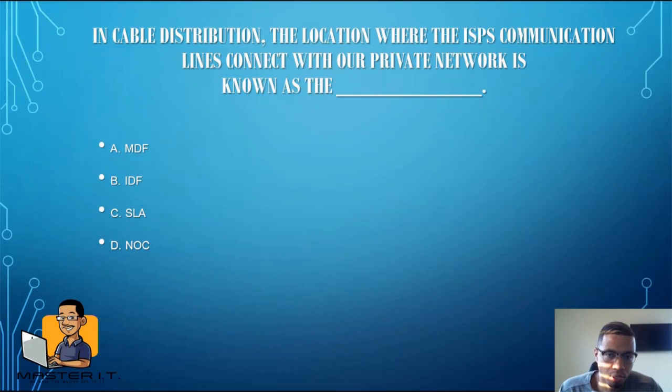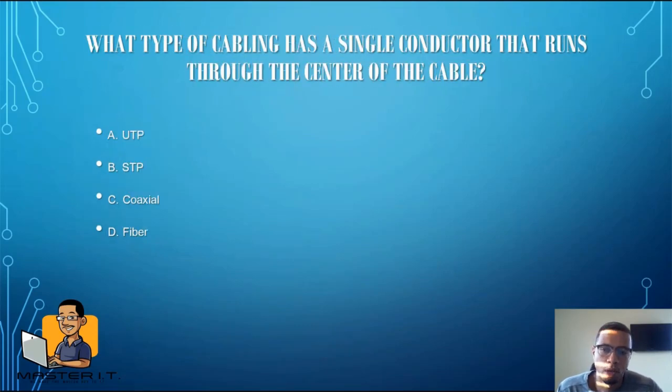And cable distribution, the location where the ISP, Internet Service Provider, communication lines connect with our private network is known as the what? Easy. MDF, main distribution frame. What type of cabling has a single conductor that runs through the center of the cable? Too easy. Coaxial.